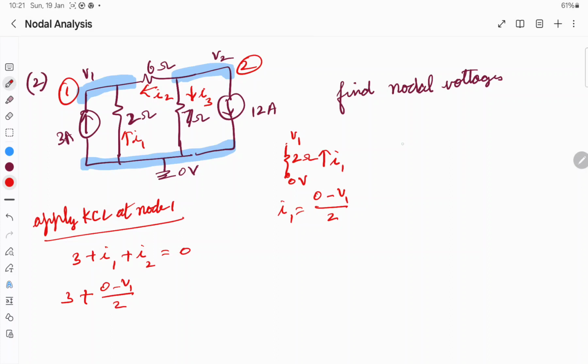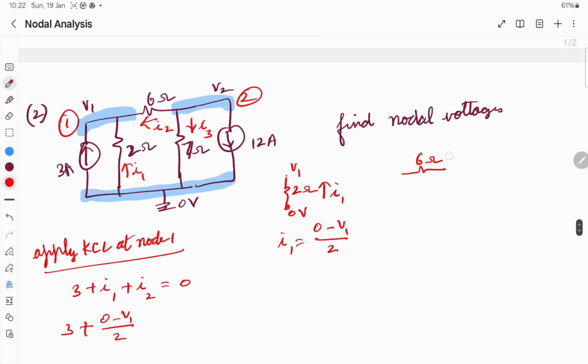What about I2, which is the current flowing through 6 ohms? The current is flowing from right to left, so the potential difference is V2 minus V1 divided by the resistance 6 gives the current I2. So V2 minus V1 divided by 6 equal to 0.